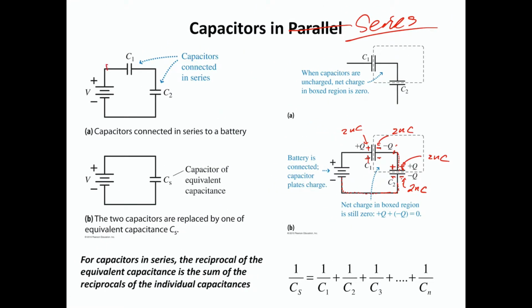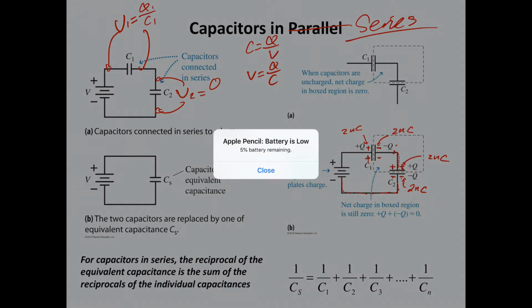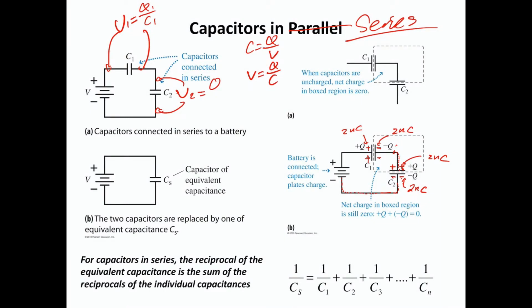So how about the voltage? Remember again, C is Q over V, so V is Q over C. V1 is Q1 over C1, and V2 is Q2 over C2.